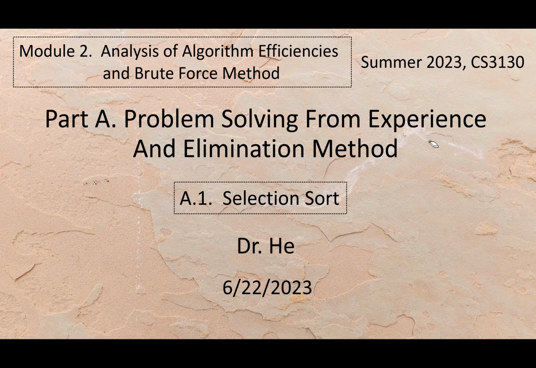Also, we learned one selection problem. Now here, selection sort, selection problem. That problem, finding the minimum. That's the selection problem. And here, our first sorting algorithm, but its name is called selection sort. Okay, all right, so let's start.